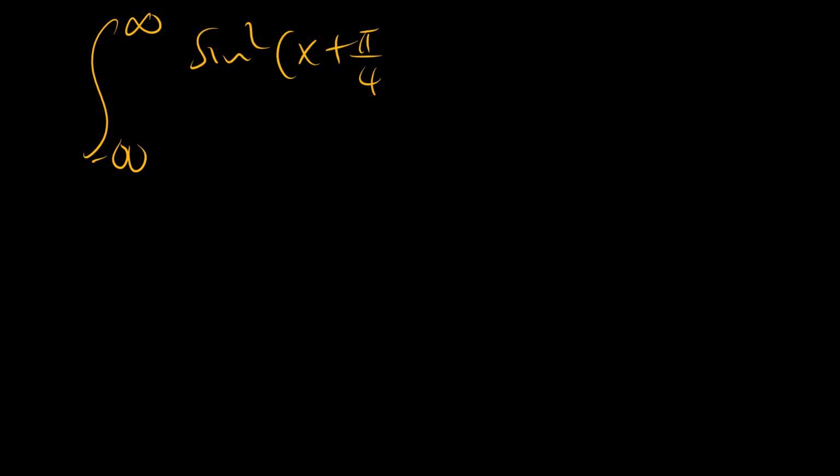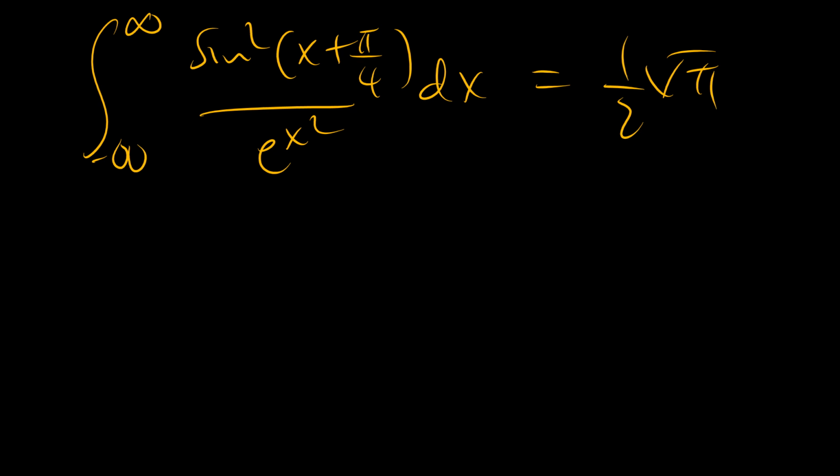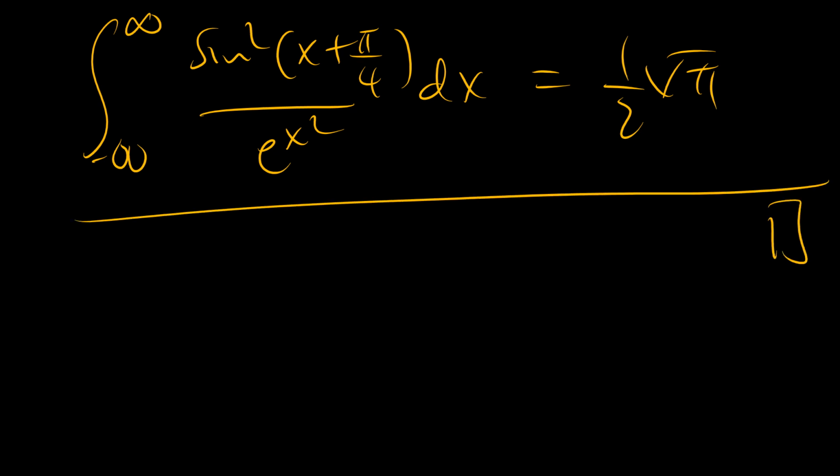So our integral from negative infinity to positive infinity of sine squared of (x plus pi over 4) over e to the x squared is equal to a half square root of pi, and that is our answer.